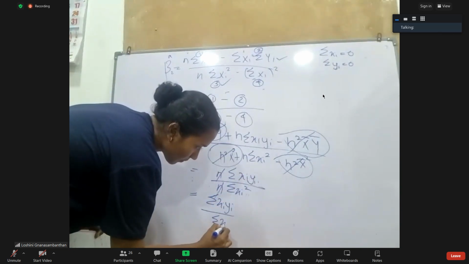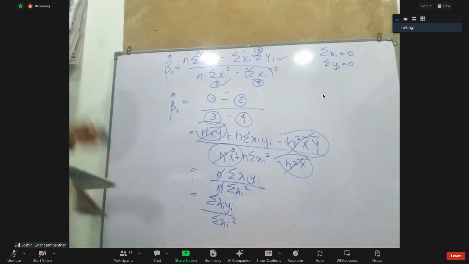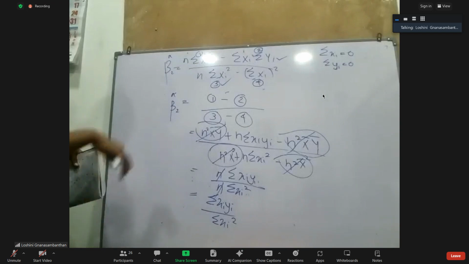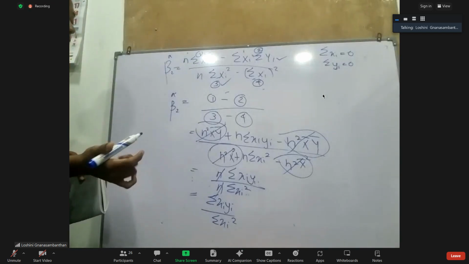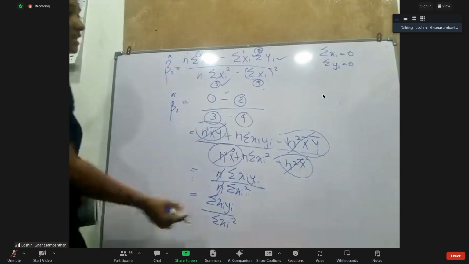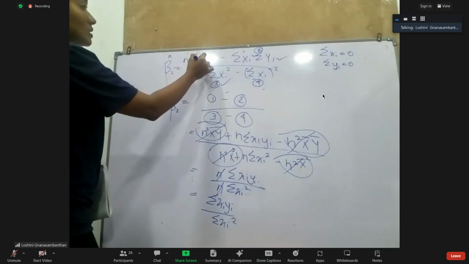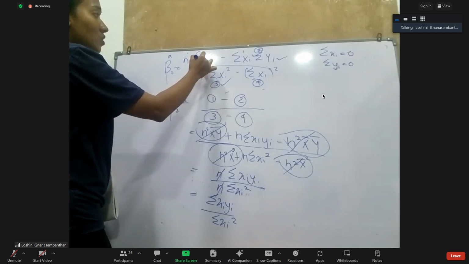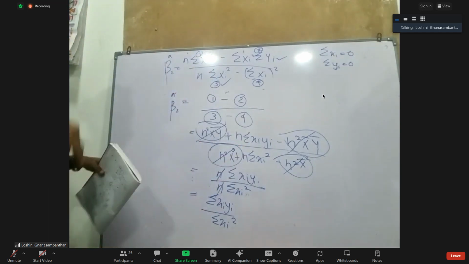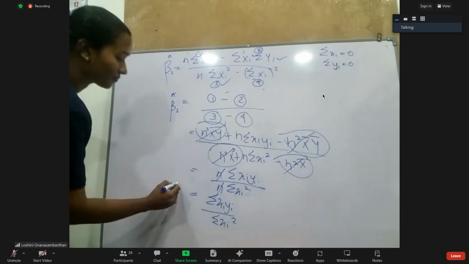Okay. So actually, this is the deviation form. Okay. Now in this equation that we took earlier, can you see any simple xi or simple yi? No, it was not based on deviation, but we got this equation from the deviation method.